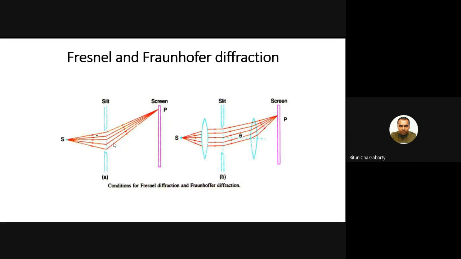Because the incident wavefront is spherical, and in this case the incident wavefront is a plane wavefront. So these are the two major differences between Fresnel and Fraunhofer type of diffractions. In the next class, I am planning to discuss this plane diffraction grating, which is an important concept.